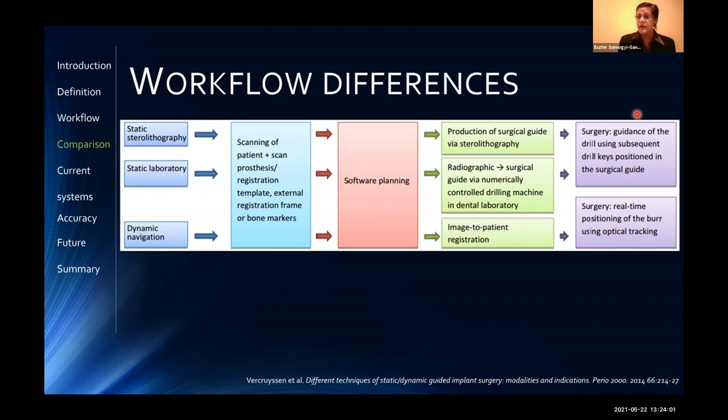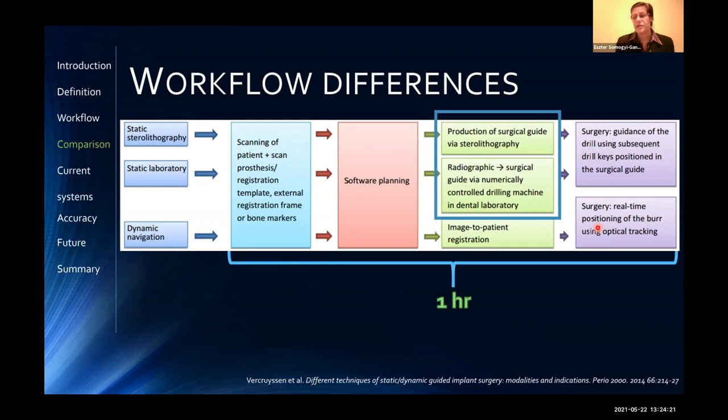However, with dynamic navigation, one needs to have some dexterity because there's no guiding planes that will guide us. But once the placement is not optimal for some reason, we can actually backtrack. We can, instead of remaking it, we can just get back, plan again, and proceed that way.